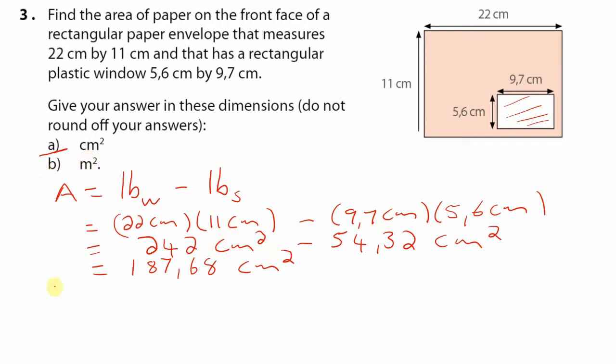So next we need to focus on B. For B, we need the relationship between centimeters and meters. So we know that 1 meter equals how many centimeters? Yes, there are 100 centimeters in a meter.